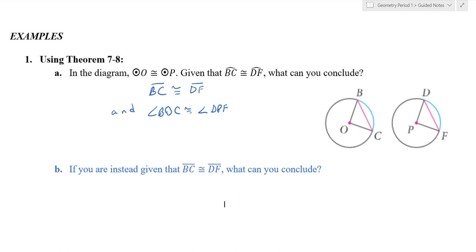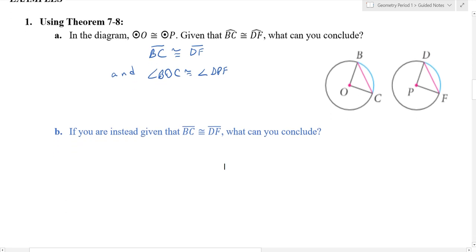All right, let's take a look. So back again, if chord BC is congruent to chord DF, then we can say that arc BC is congruent to arc DF.